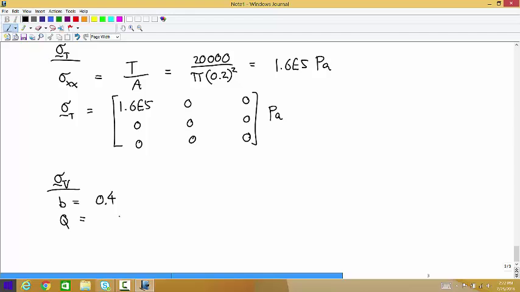Q is equal to 2/3 times the radius to the third. Can someone calculate that one? 0.0053.